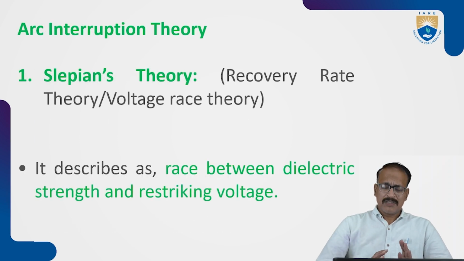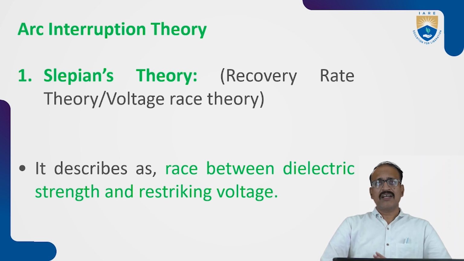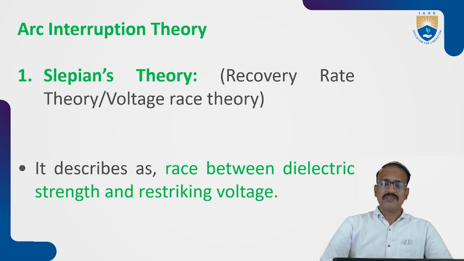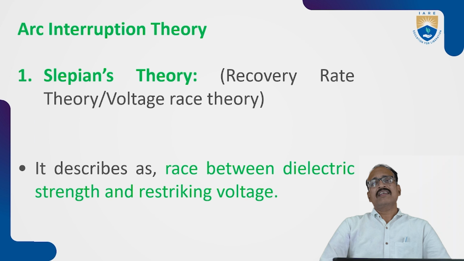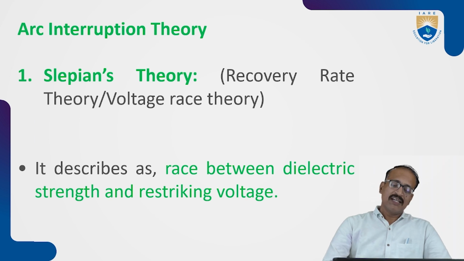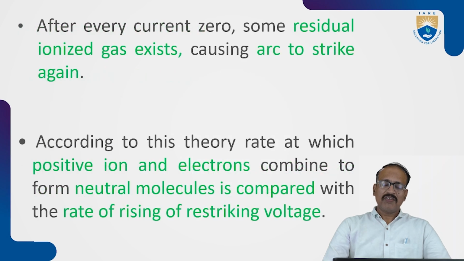And the arc interruption theory, the first thing we have discussed, is Slepian's theory, which is also called the voltage race theory or recovery rate theory. So this theory describes the race between the restriking voltage and the dielectric strength. After the current zero, still some residual ionized gas exists, and this will support the arc if the necessary conditions come again.